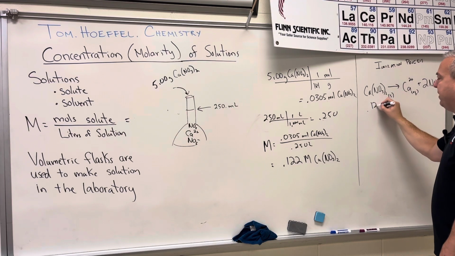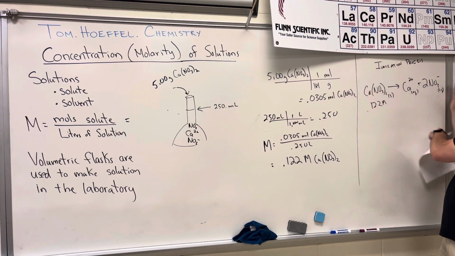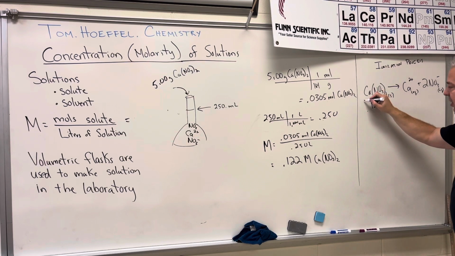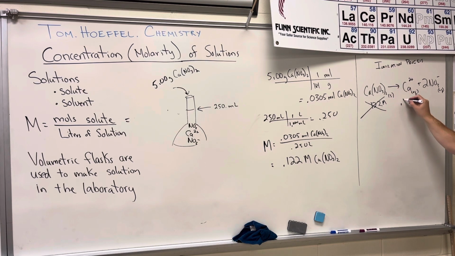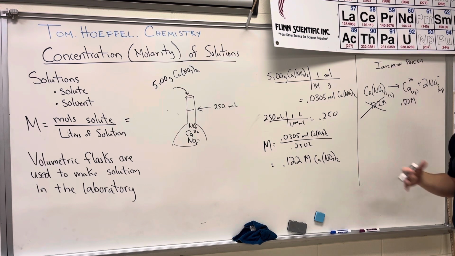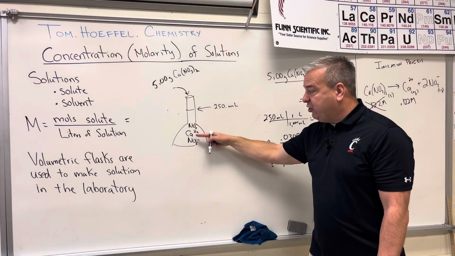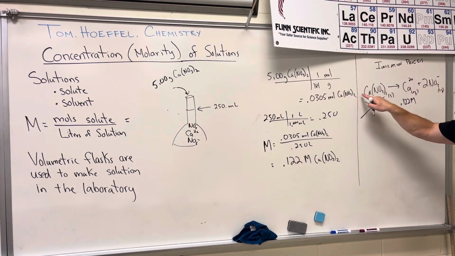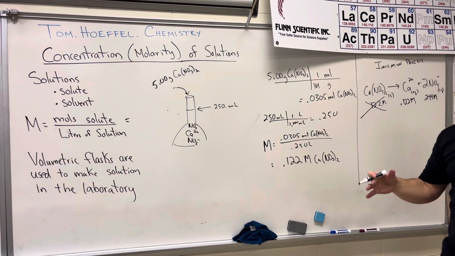So if this molarity is 0.122, when it pushes over into the ions, all of this is gone, and because this is a 1-to-1 ratio, we get the same molarity of the calcium ions, but for every 1 calcium ion we get 2 nitrate ions, so the ratio is actually 1 to 2, so it's actually double this 0.122, which would be 0.244 for the molarity of the nitrate ions.